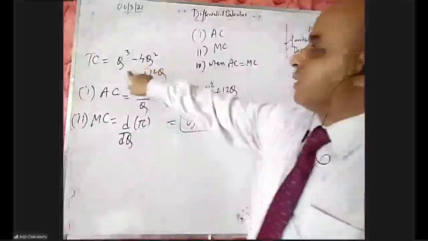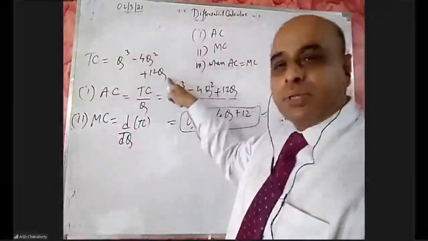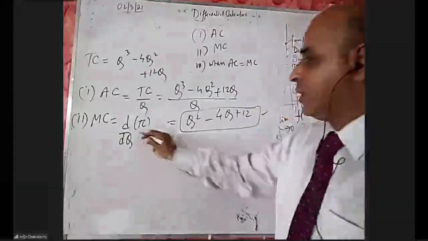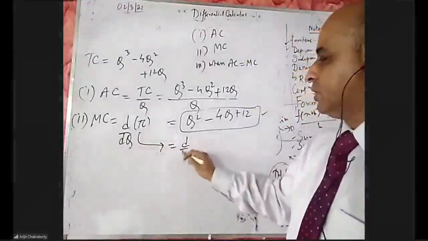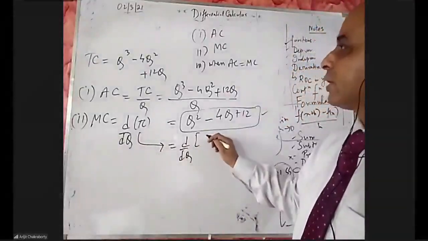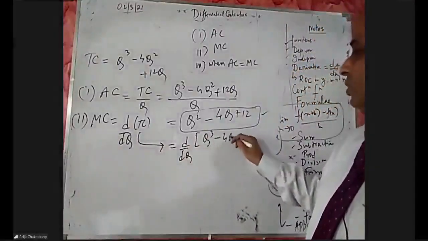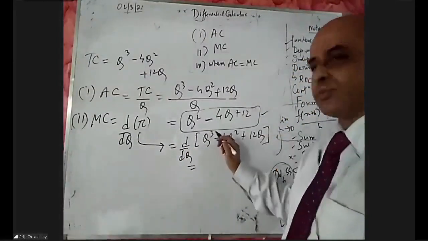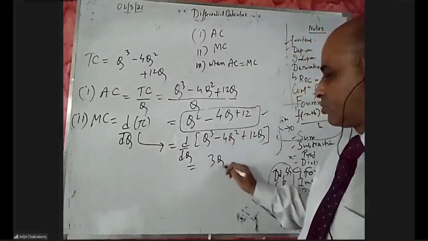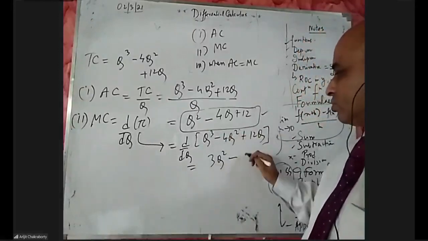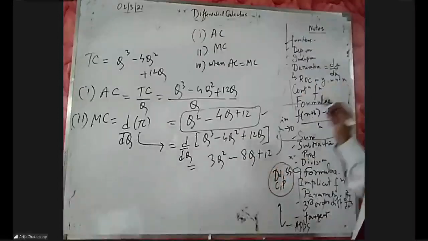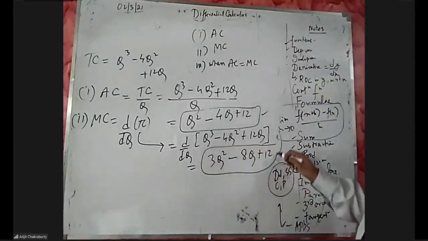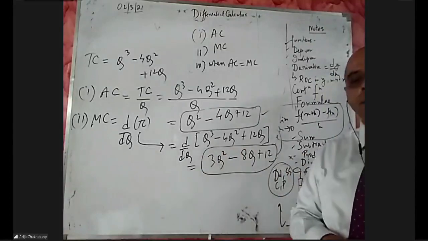Total cost is Q cube minus 4Q square plus 12Q. So d/dQ of Q cube minus 4Q square plus 12Q gives 3Q square minus 4 into 2, that is 8Q, plus 12. This is the marginal cost.